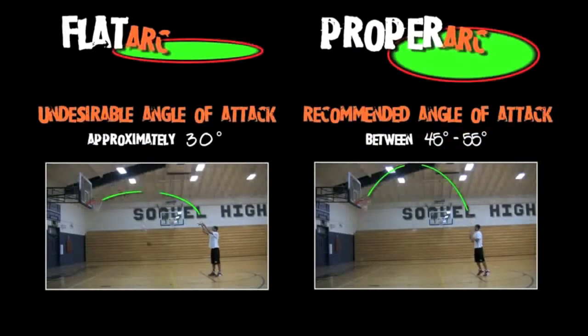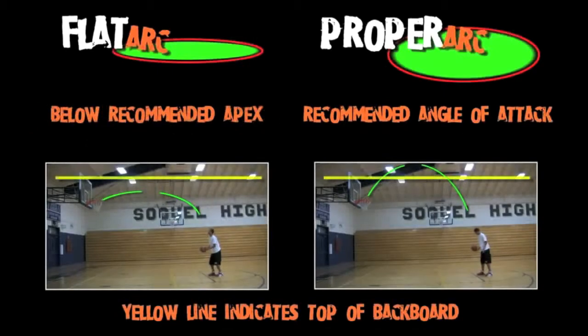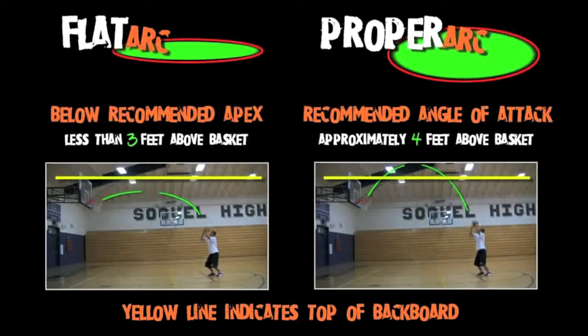The thing that really is difficult, though, as shooters and players, is you don't have time to assess exactly what the angle is, so you kind of have to learn what that angle is. And I would say that one of the things you want to do is make sure that the very highest part of that arc or trajectory is about 4 feet above the top of the basket.